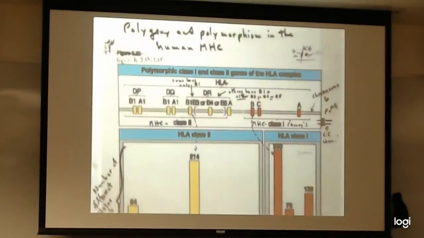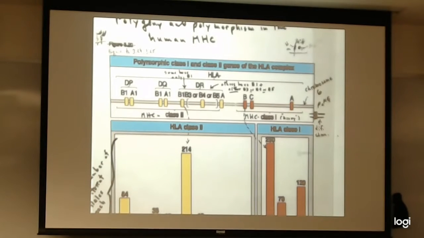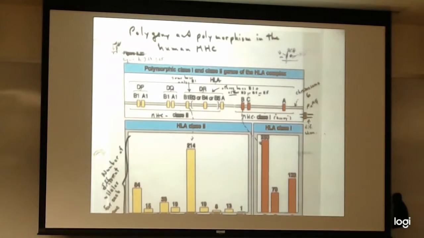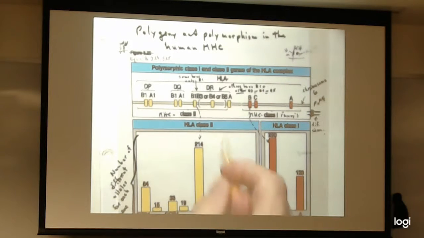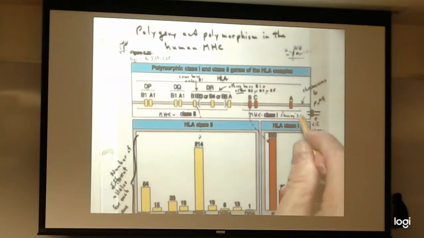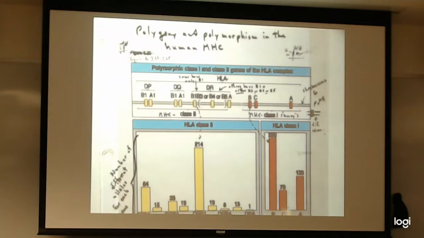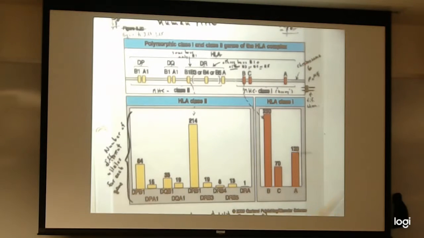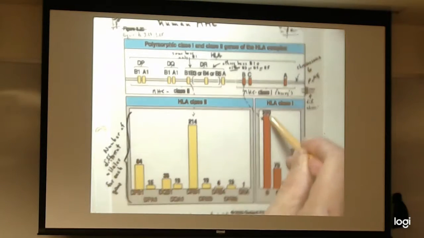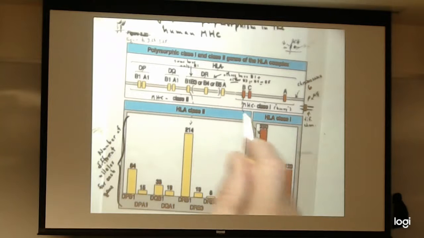Okay, and here again, we've talked about this, the polymorphism of these MHC molecules. You have a very large number of allelic versions of it. So the class 1 we've talked about here has 250 known alleles for the B gene protein.